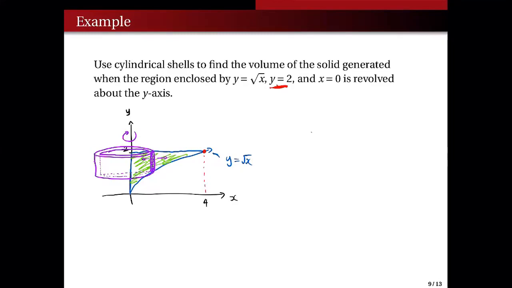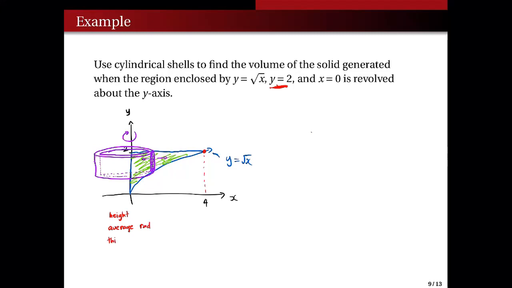So, let us see. We need the height, the average radius, and the thickness.